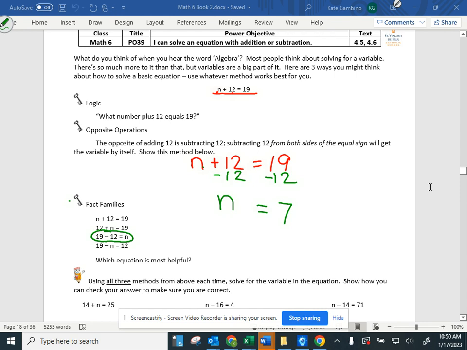So we know n equals 19 minus 12. Just like up here, n equals 19 minus 12. And technically up here, you were doing it in your head. You just logically knew 19 minus 12 was 7, so 7 plus 12 equals 19. So let's scroll up.